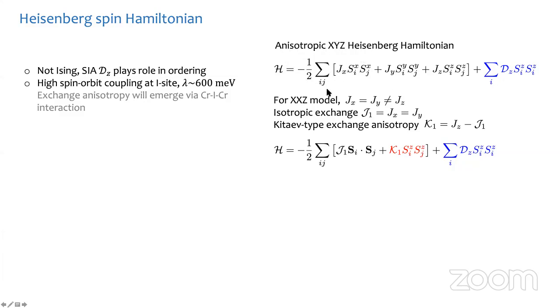But you can also recast this XYZ Hamiltonian, assuming that Jx is equal to Jy, into a simpler form where J1 is an isotropic exchange interaction, K is a Kitaev-type exchange anisotropy along the Z direction, and you have an on-site anisotropy.